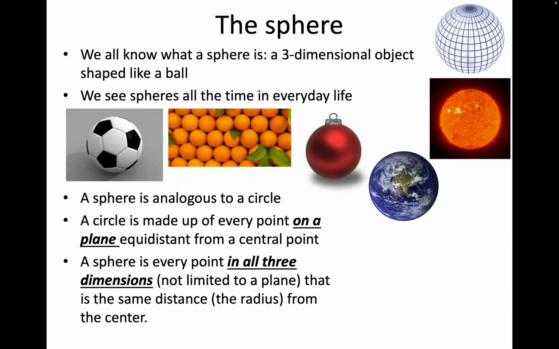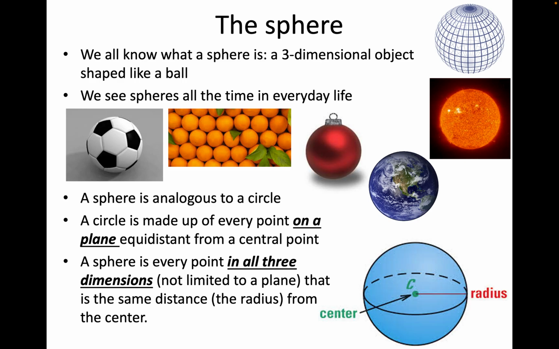A sphere is every point in all three dimensions that is the same distance, again the radius, from the center. And hopefully you can see that from this picture here. The center is that point labeled C that's green in the middle there. And then the sphere is all the points that are a radius distance away in all three dimensions from that point C. And when you do that, it makes something that looks like a ball.